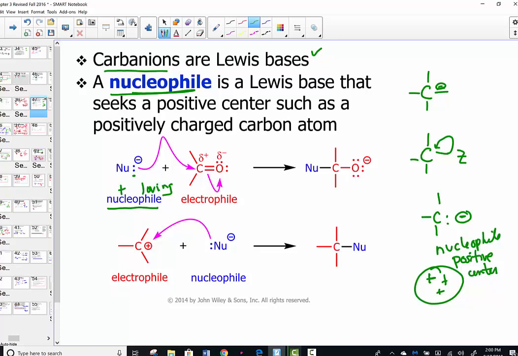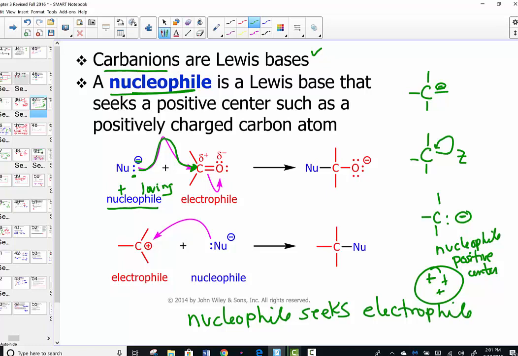It will always show the electron set as a lone pair to remind you that it's carrying a negative charge. It's seeking the positive region from the electrophile. The nucleophile seeks the electrophile. Nucleophile has the negative charge. It is seeking positive.